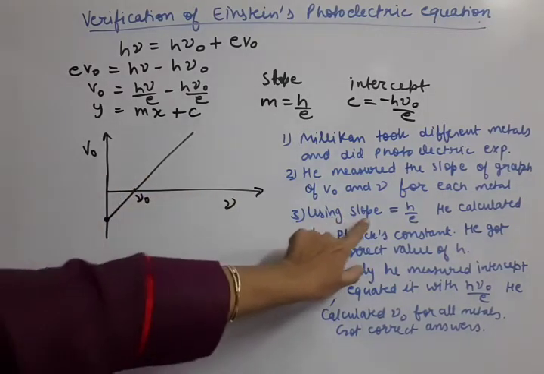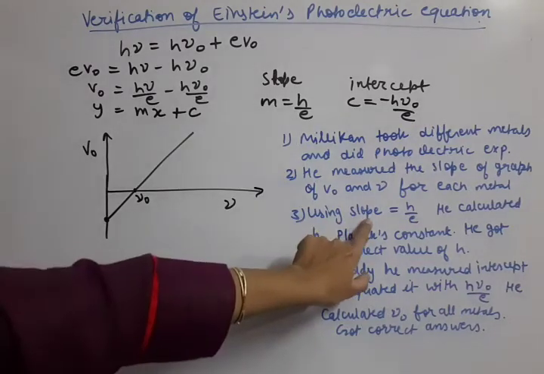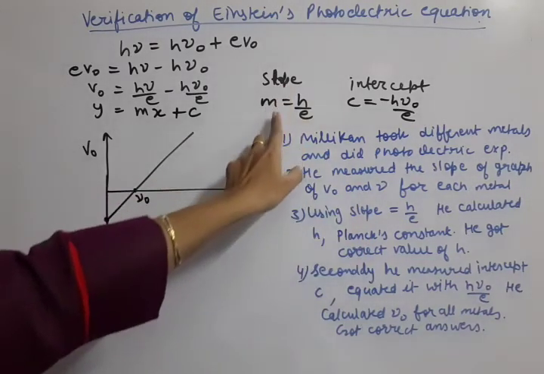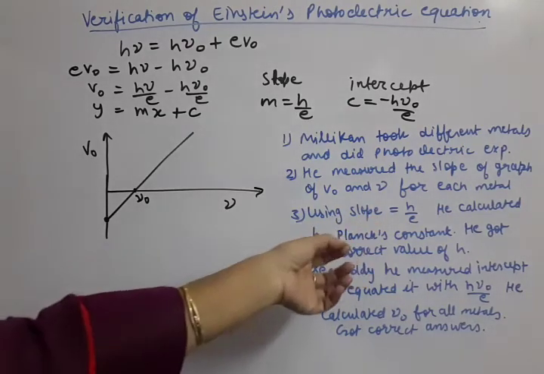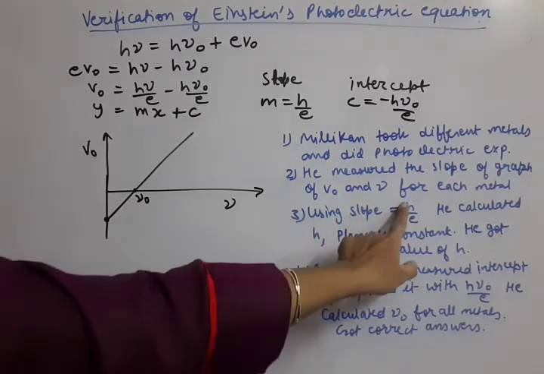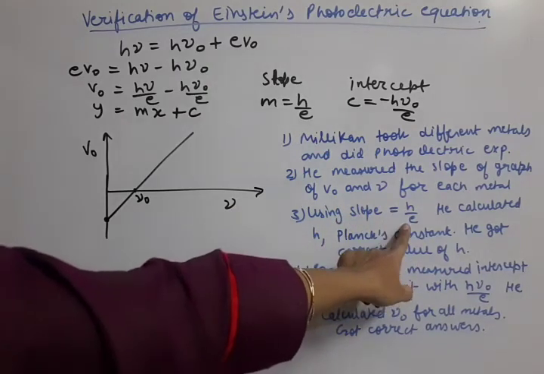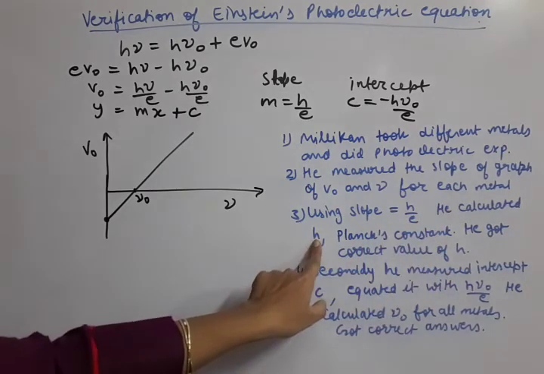So he measured the slope of each graph. Now the slope of this graph is h upon e. Suppose he obtained the slope equal to 1.3. He equated 1.3 with h upon e, and here he calculated the h value.